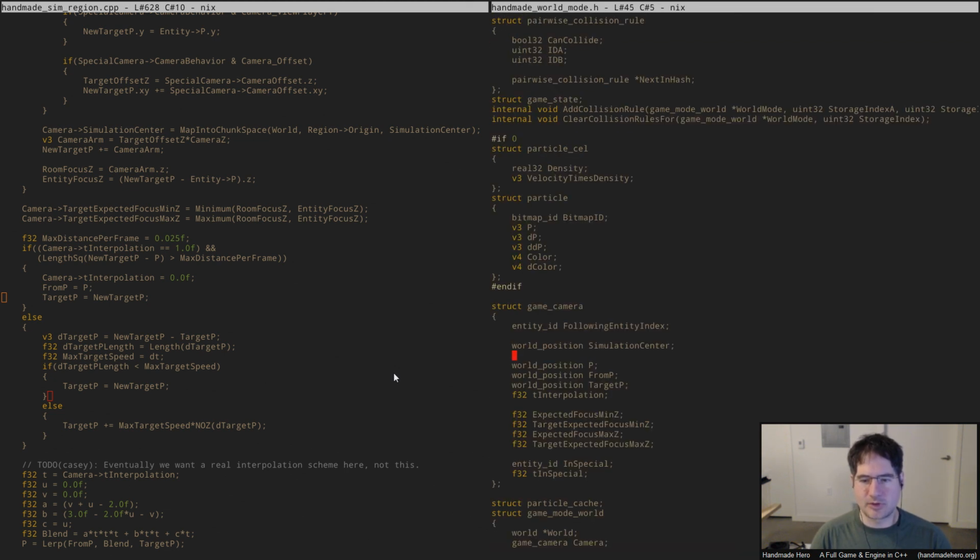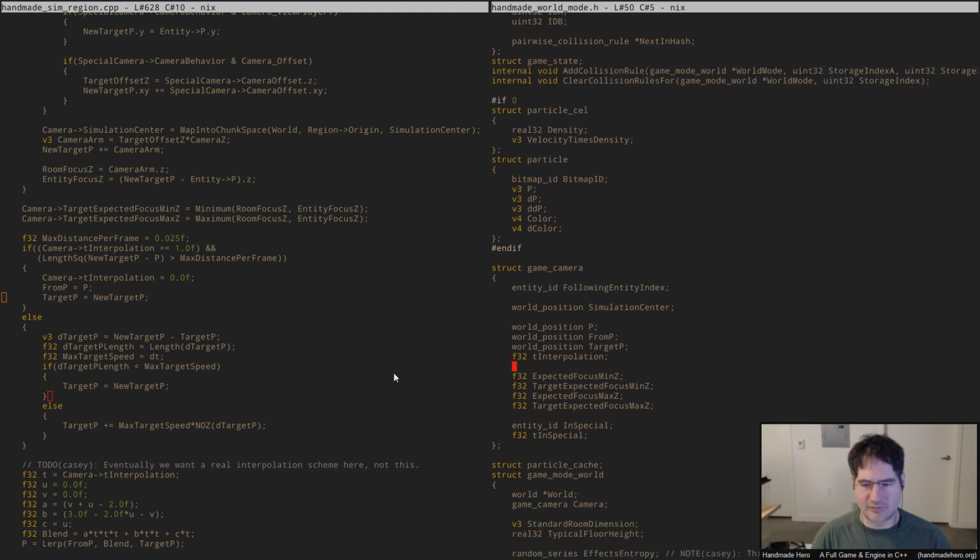So inside the world mode, if I was to store instead of a from P and a target P, if I was to, for example, not store the target P at all, perhaps, and I'm going to get rid of the from P and the T interpolation, but the target P, I'm going to say I'm going to keep for now because I don't know if we're going to need to track whether we're doing big movements or small movements at any given time.